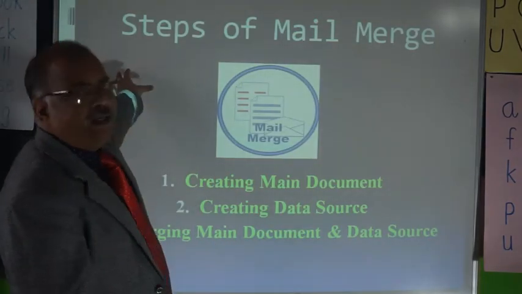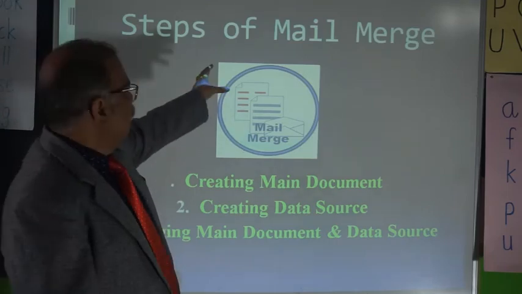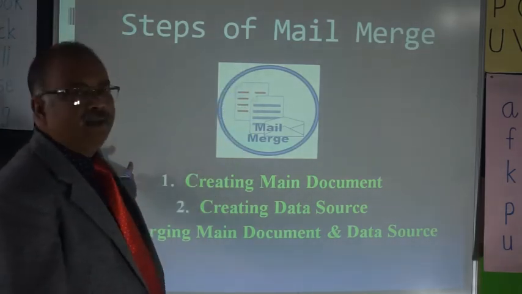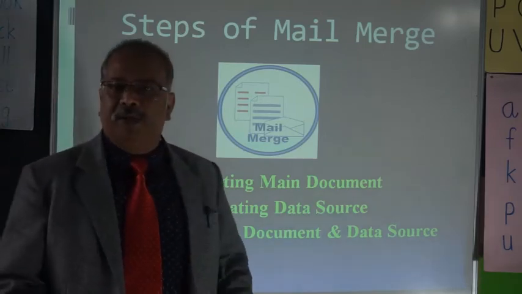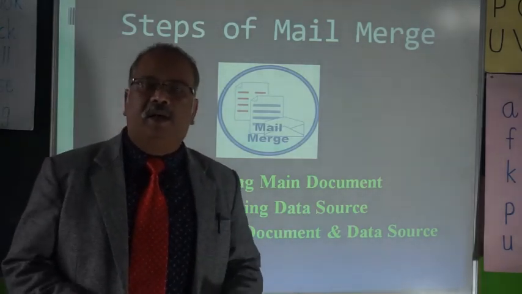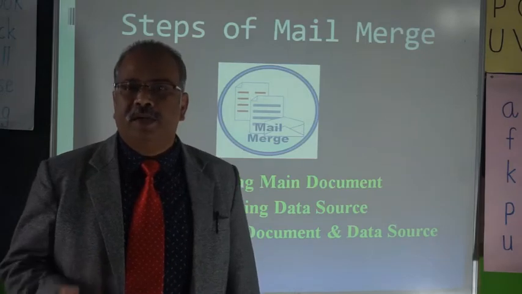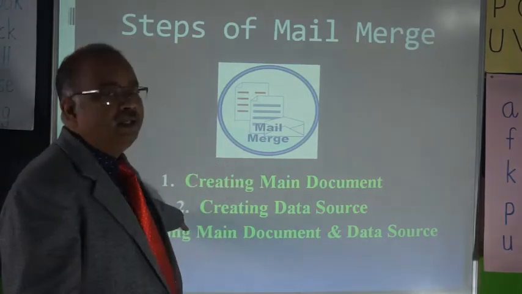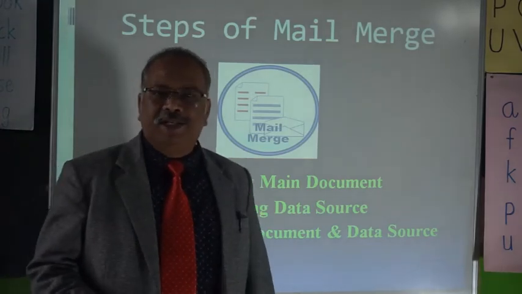Now here are three simple steps for the mail merge. The first one is creating the main document. What is the main document? This is the letter or the text which you want to send to many of your friends. Next one is creating a data source. What is a data source?